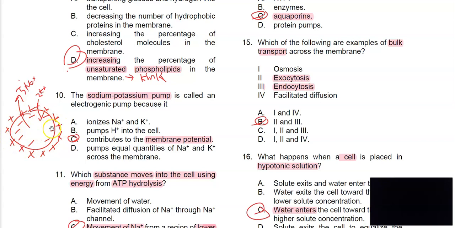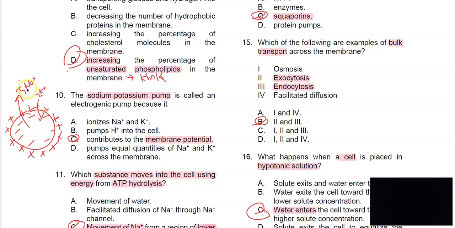So for example here, like I've drawn here, this is a cell with the plasma membrane. For a normal cell, usually it will be positively charged outside and negatively charged inside. The presence of the sodium-potassium pump will cause 3 sodium to move out and 2 potassium to move in.